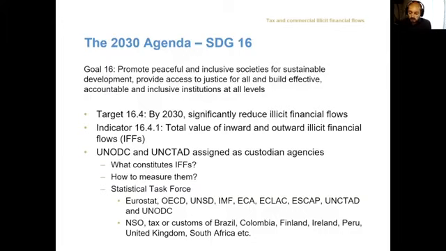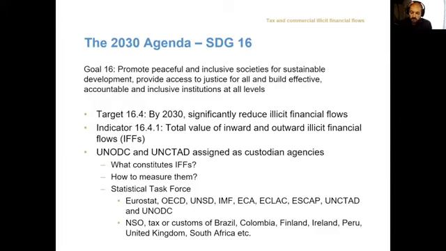Now, based on the common work, UNCTAD and UNODC published in 2020 the conceptual framework for the statistical measurement of illicit financial flows, reflecting concepts and standards that have been approved by the Inter-agency and Expert Group on the SDGs and the United Nations Statistical Commission. In 2021, the custodian agencies finalized methodological guidelines for the measurement of the IFFs in country pilots.